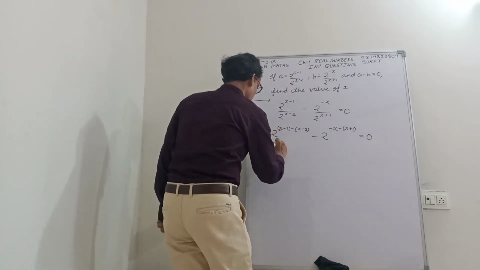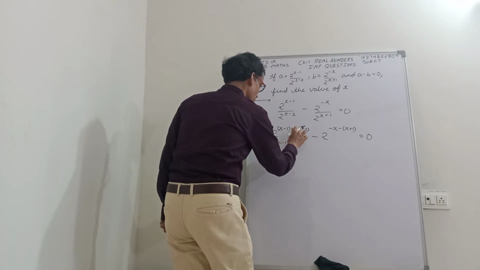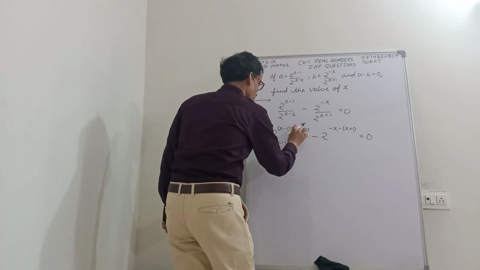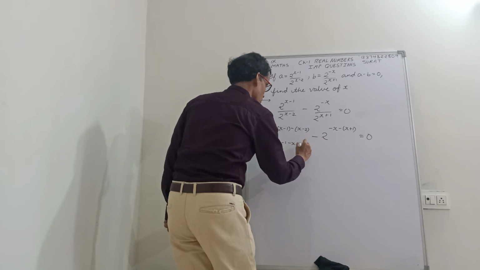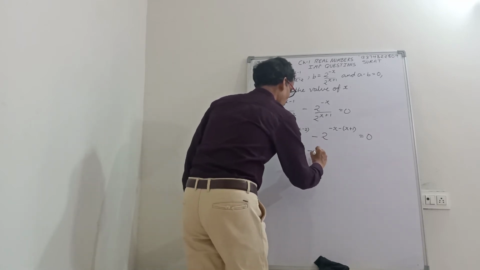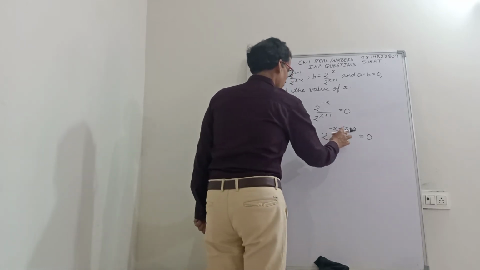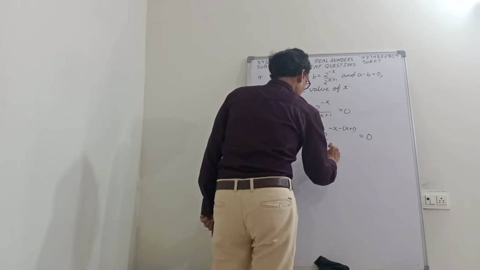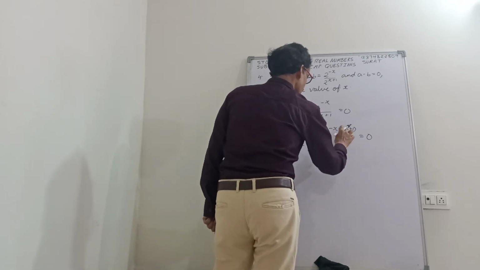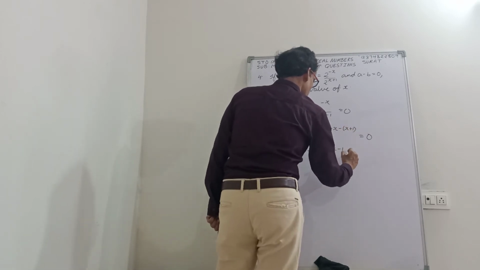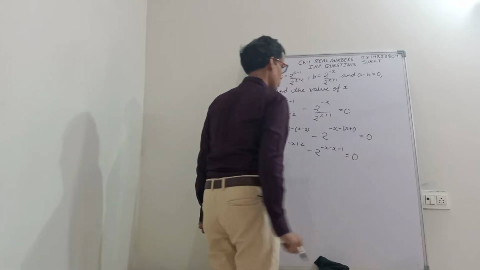Now open the bracket: x minus 1 minus x minus minus plus 2 minus 2, again here minus x minus minus 1, it is equal to 0.